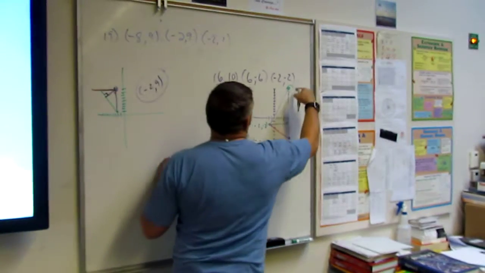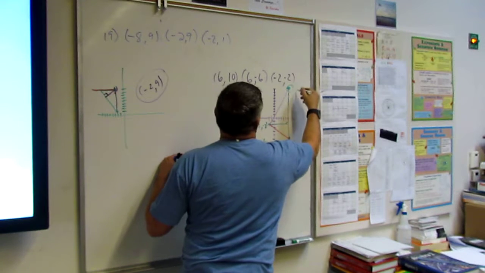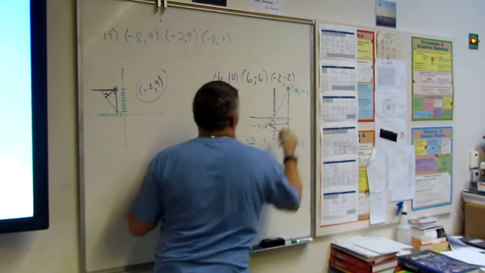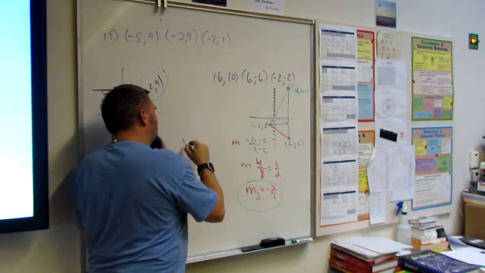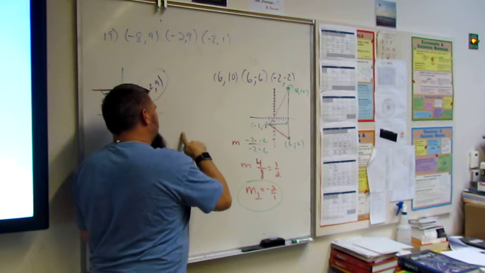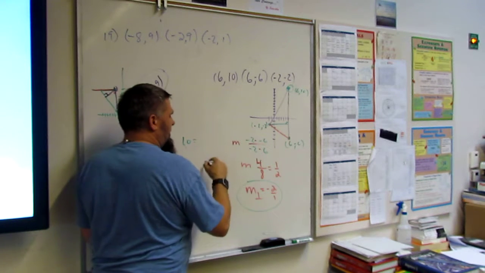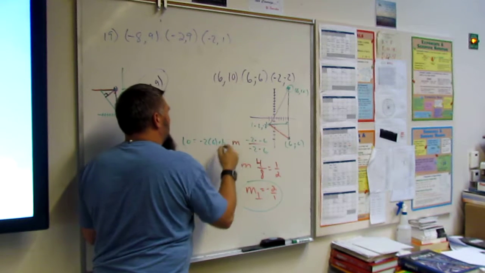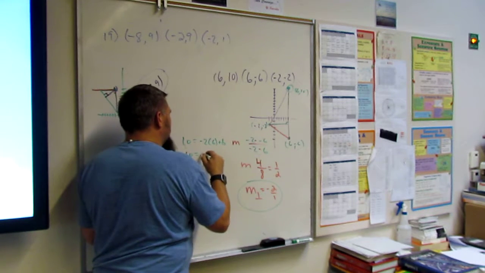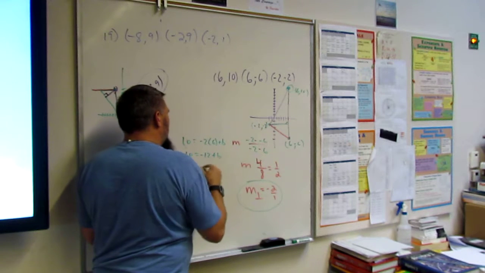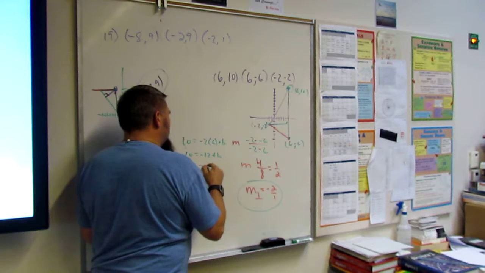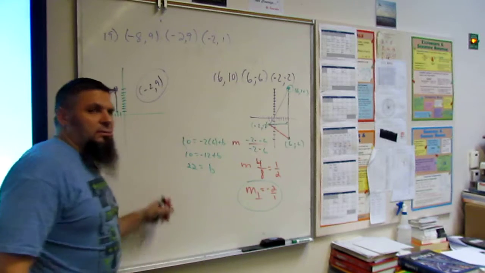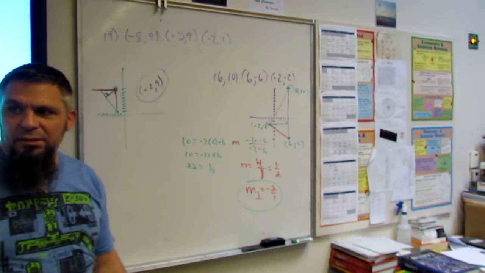So to do that, what is this point? 6 and 10. So I need to plug that in. Y is 10 is equal to negative 2 times 6 plus b. So 10 is equal to negative 12 plus b. So I add 12, so 22 is equal to b. Okay?